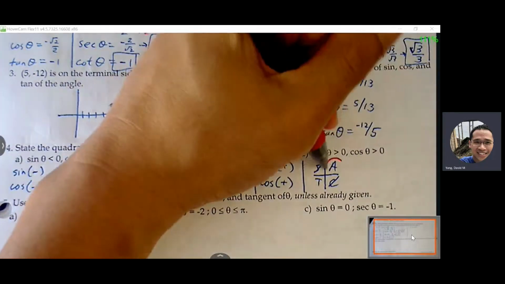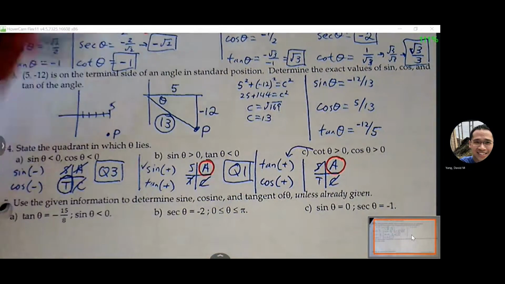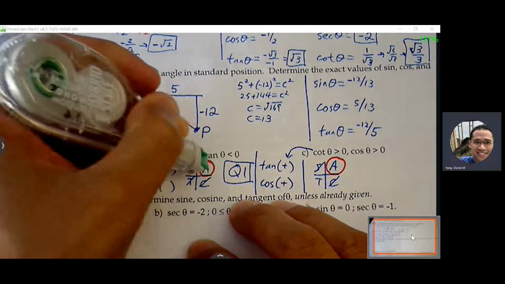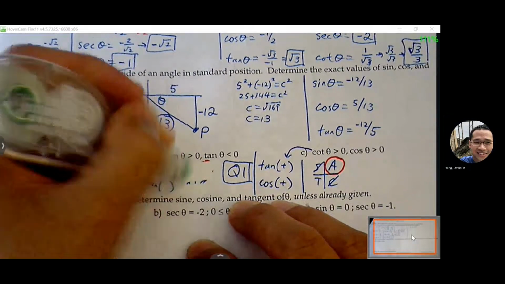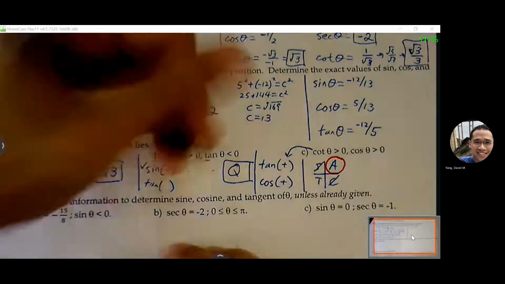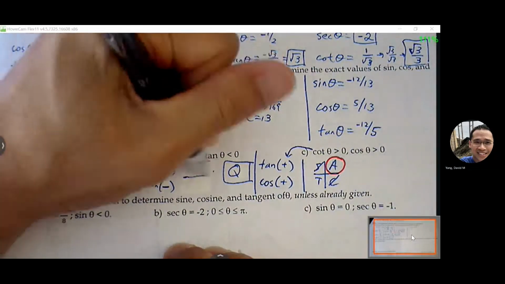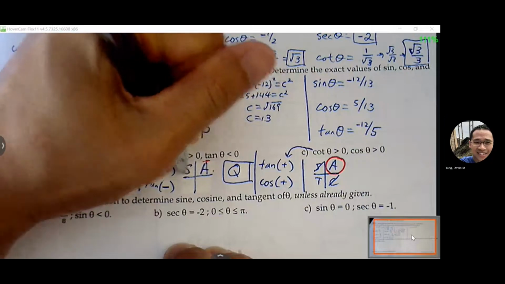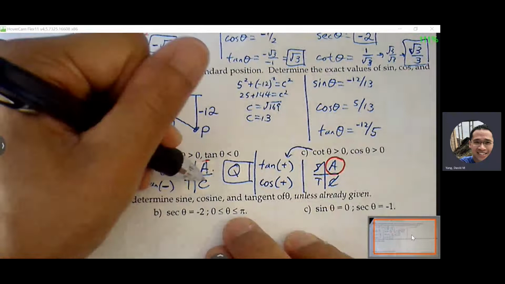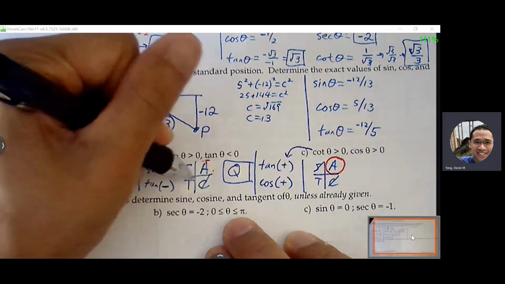In B, it says tan is negative. Oh, sorry, my bad. Thank you. Try that again. So sine is positive in the first and second quadrant.